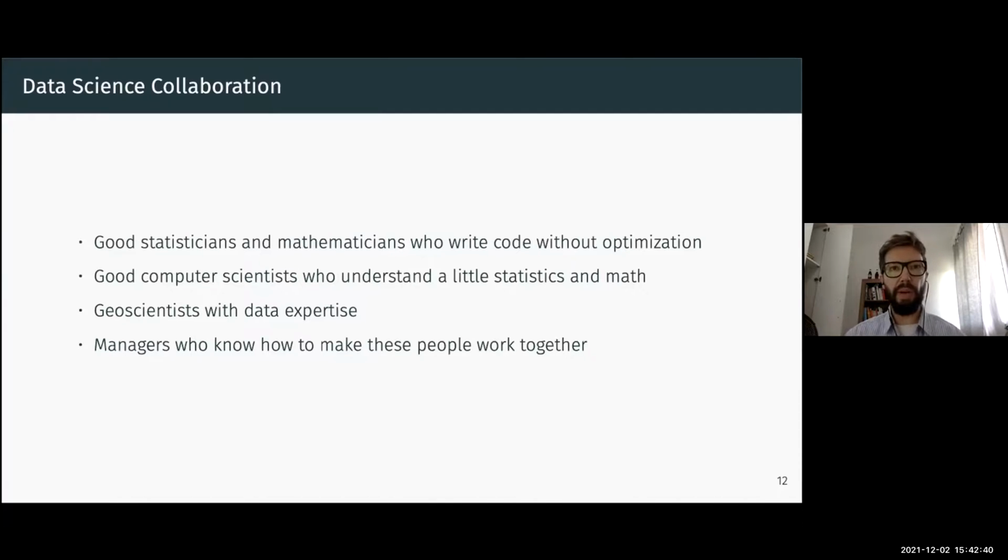If you are talking about academic projects, it's the one who can make these people work together. So you can ask specific things of specific people to make everything work in the end, usually in complex projects.